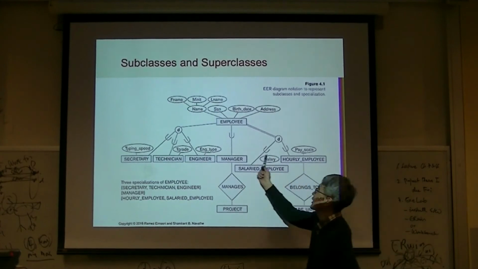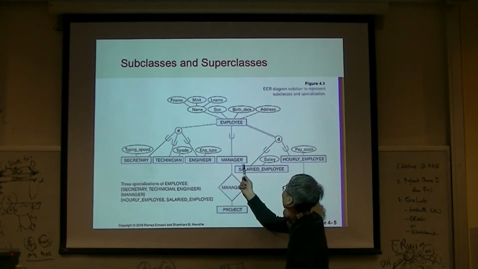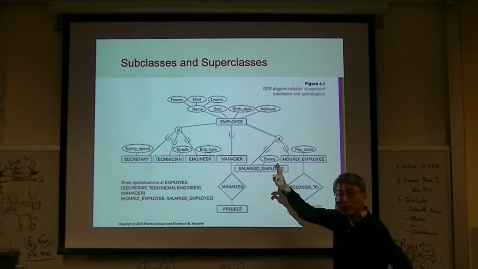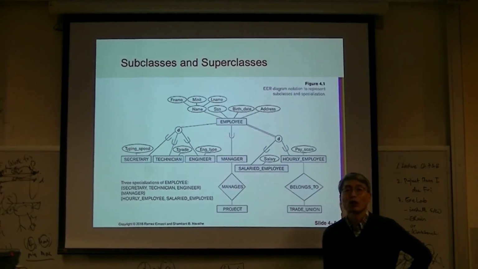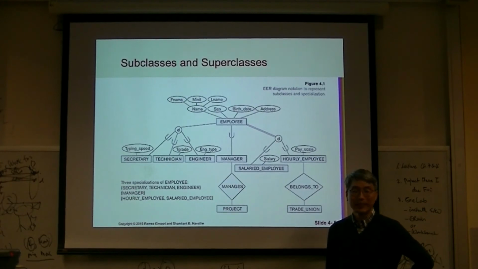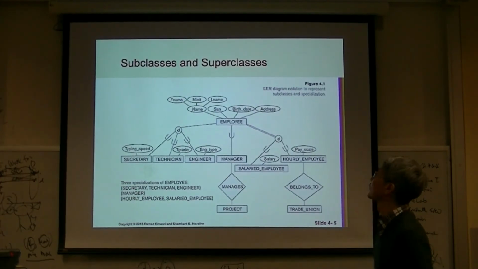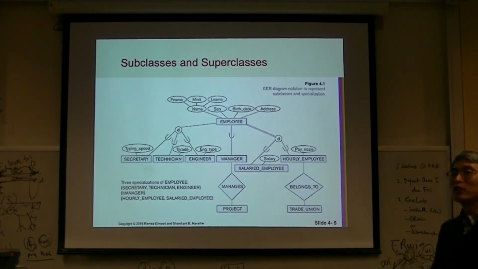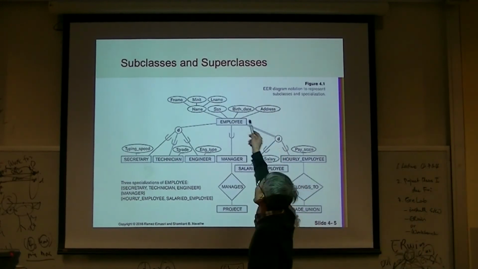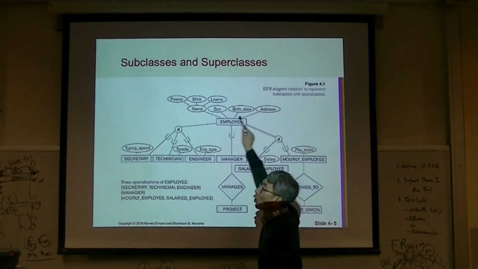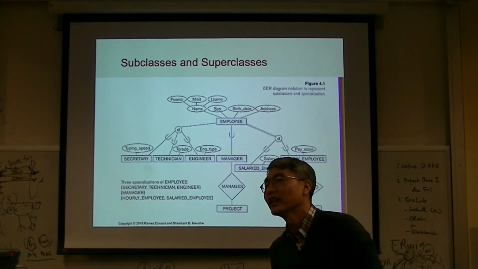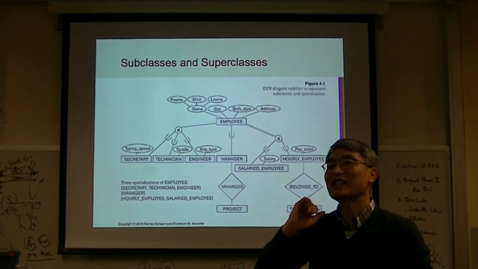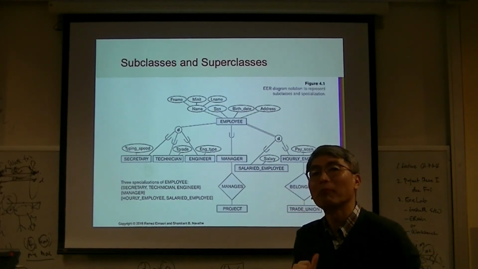Then what about this? This is the subclass of the superclass employee entity. Very good so far. Among the employee entity, how many super and subclass EER model cases?